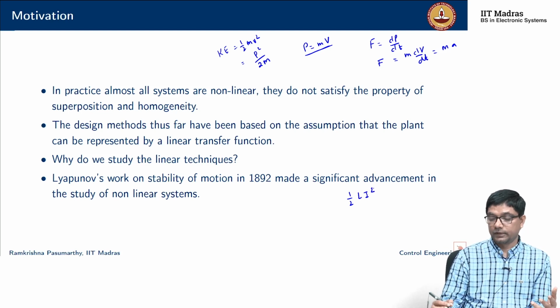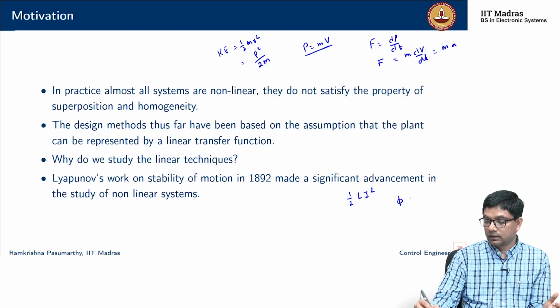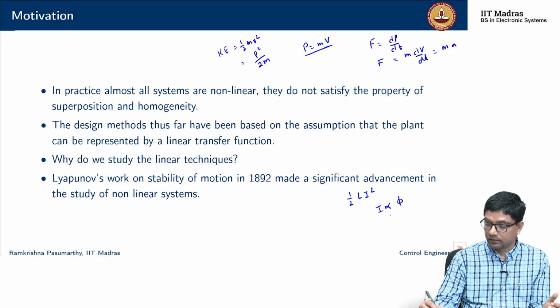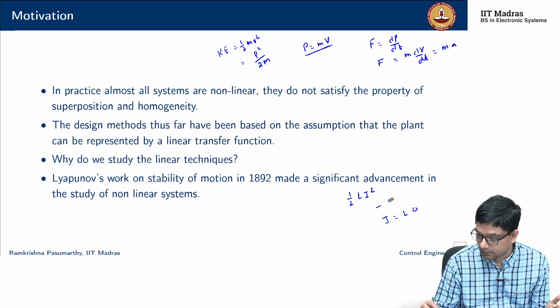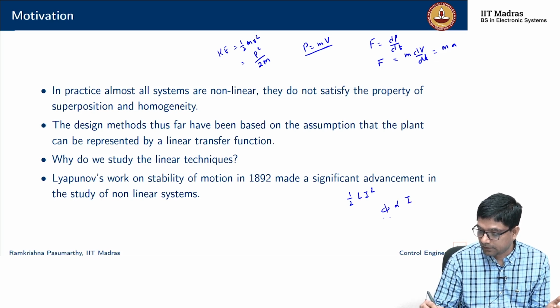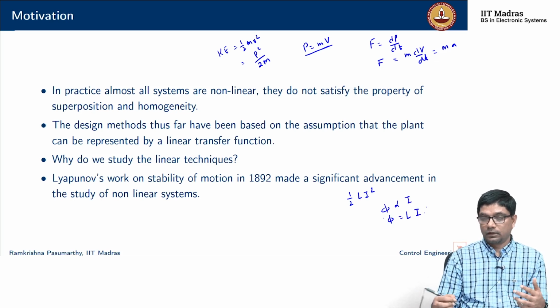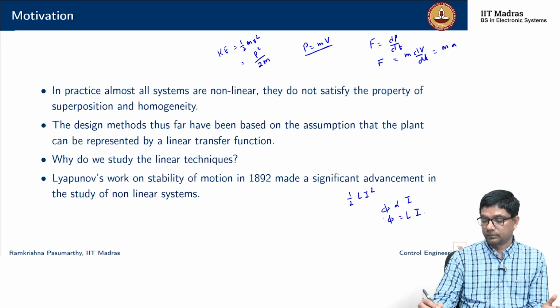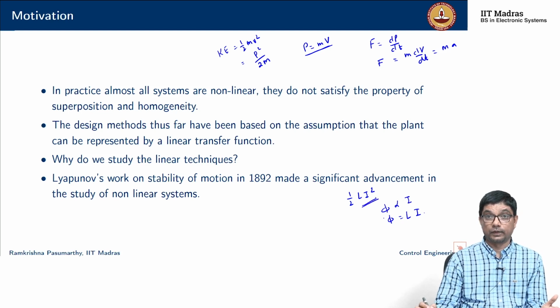That also comes because we assume that the flux is proportional to the current, and in the linear setting I can just assume that phi equals L times I, and therefore I can write my energy as half L I square, even though fundamentally they may not be linearly related.